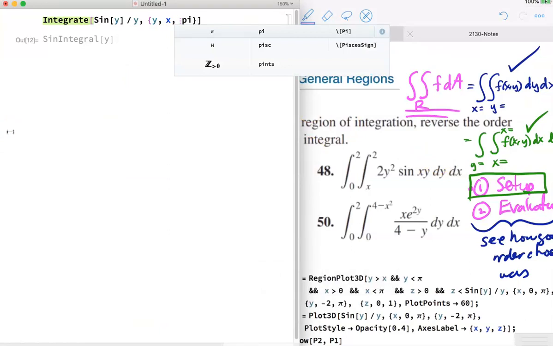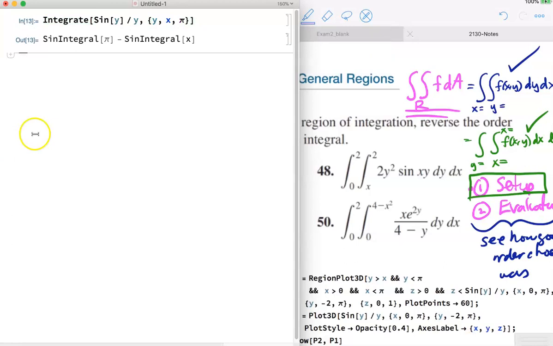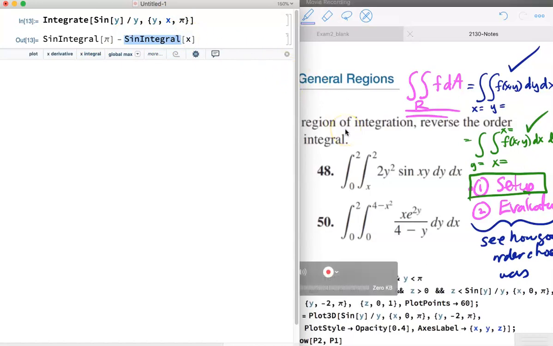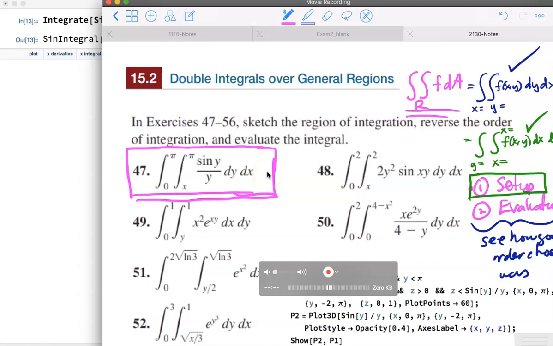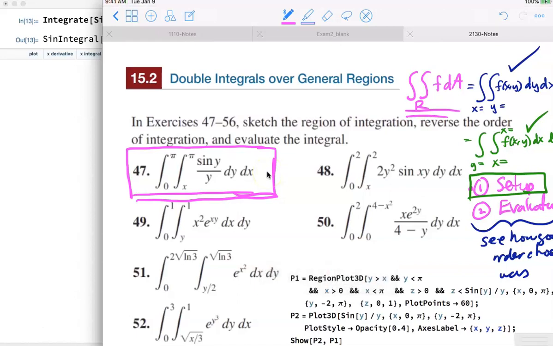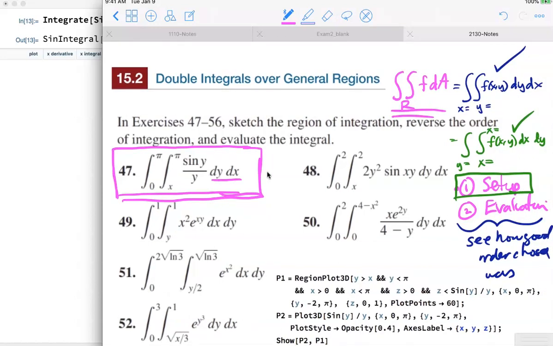Maybe the definite integral will be better. But remember, to do a definite integral, you needed to know the antiderivative so that you could plug in the top and bottom limits. So if you don't know the antiderivative, it makes finding the definite integral difficult. So what we're seeing here is a reason that, when it comes to the evaluation part, we must reverse the order of integration, because if we set up the problem as a dy dx problem, it's not actually doable.